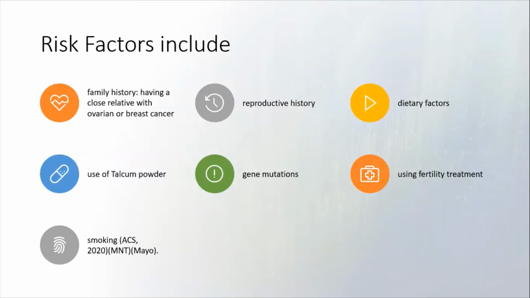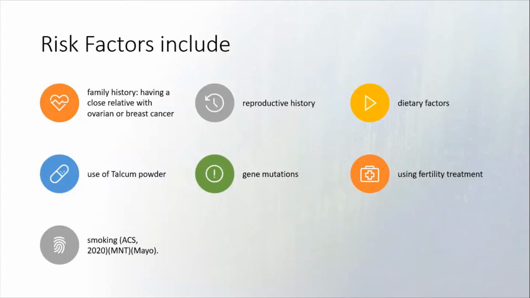That does not mean that she will develop ovarian cancer, there's just an increased risk. Dietary factors such as a diet with increased saturated fat increases the likelihood of ovarian cancer, as does an increased BMI, or body mass index. The use of talcum powder has been associated with ovarian cancer.